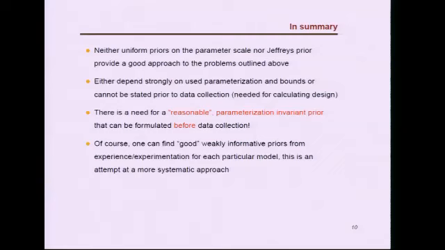I should say, of course, if you have experience with these nonlinear models, you might come up with a reasonably good weakly informative prior distribution from experience or from experimentation or from simulation studies. But what I would like to attempt in this talk is more of a systematic approach.